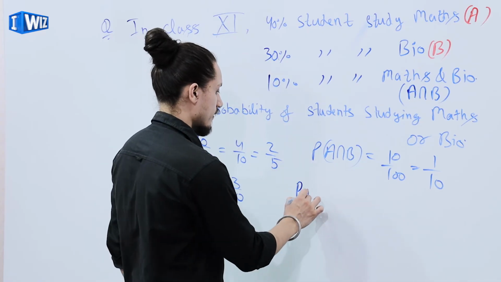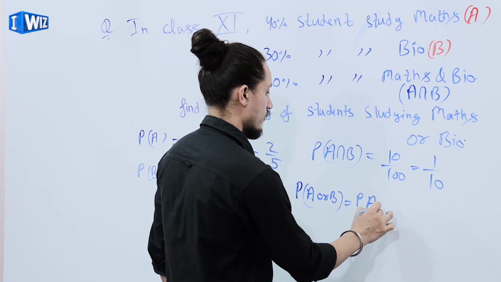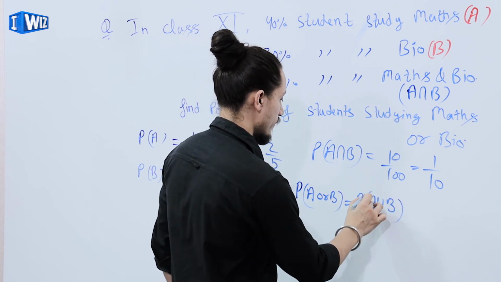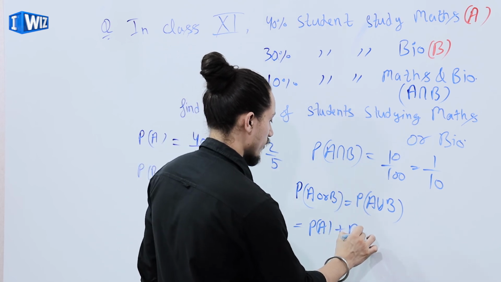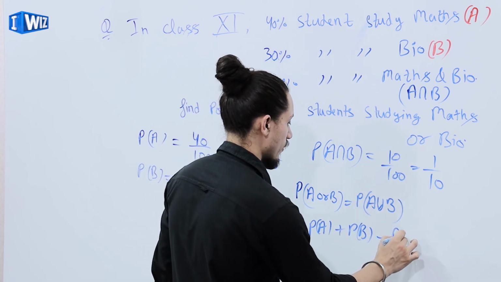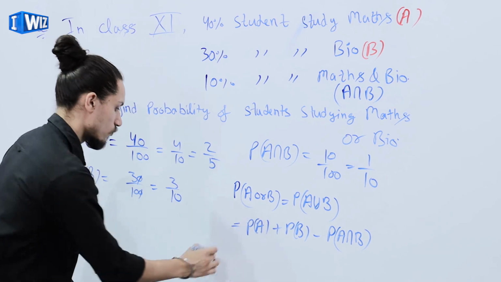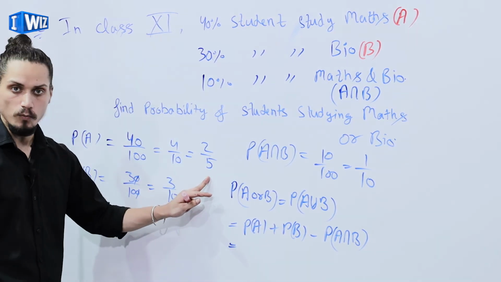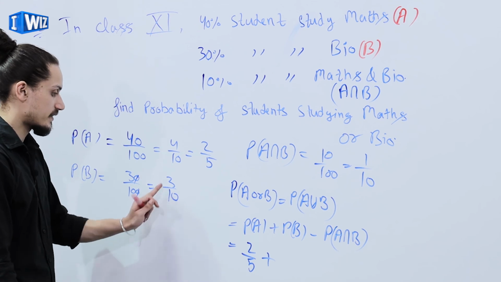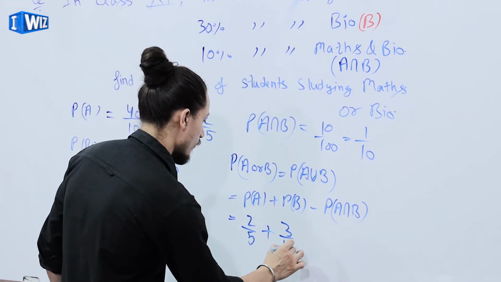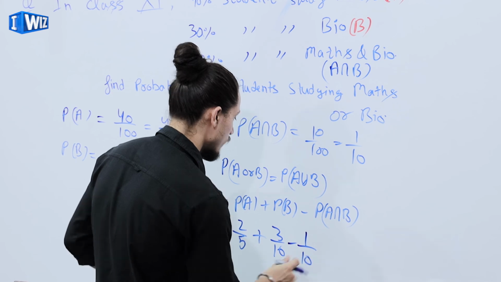So probability A or B is equal to probability of A union B, which is equal to probability of A plus probability of B minus probability of A intersection B. सबकी वैल्यू है हमारे पास, पुट कर दो, we get probability of A is 2 upon 5, so 2 upon 5 plus probability of B is 3 upon 10, 3 upon 10 minus probability of A intersection B, which is equal to 1 upon 10.